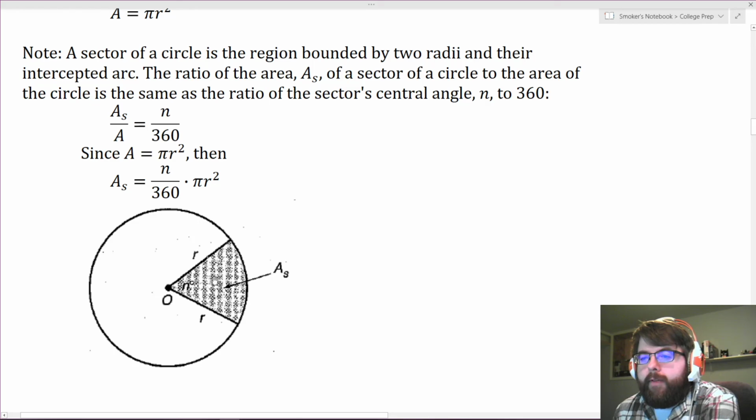And the area of that sector is going to be proportional to the entire area of the circle. Okay, so just like what we thought, that proportion is going to be equal to the angle measure over 360.